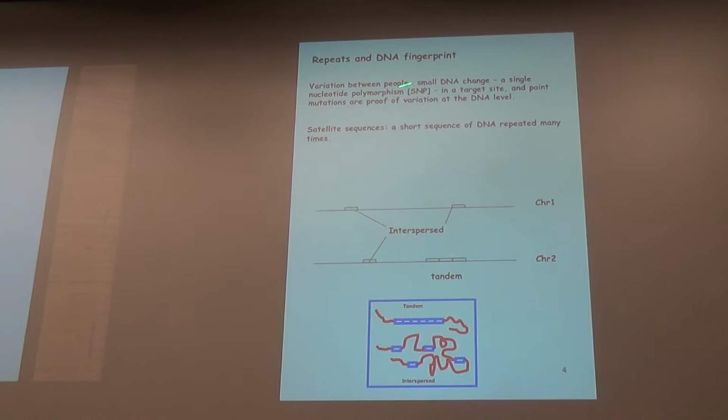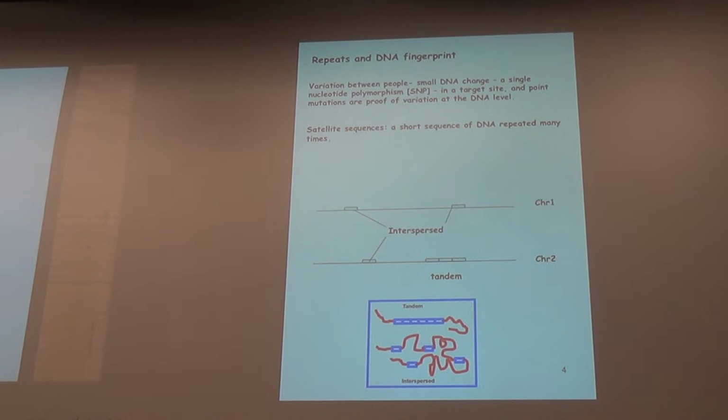The number of repeats at a particular locus is a pattern that is specific for a specific individual, and it's referred to as a DNA fingerprint. So if you've heard of DNA fingerprinting, what we're talking about are the repeats at a particular locus. That signature is your particular DNA signature.